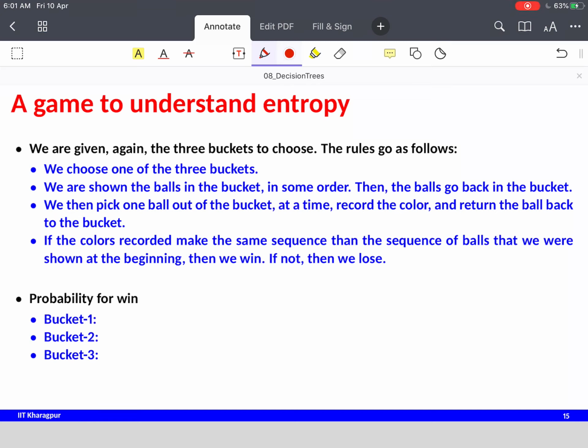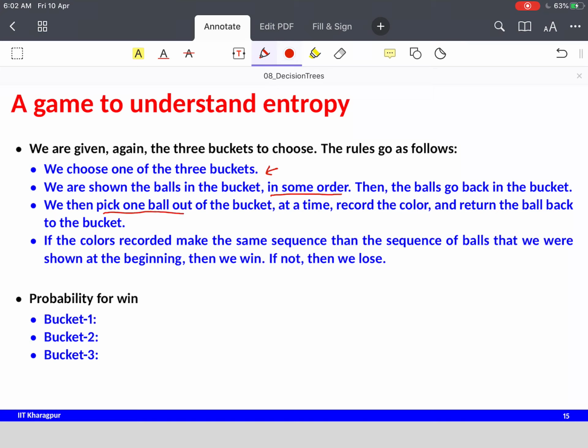Let's say we are given those three buckets, and the rules are as follows. We are playing a game with this set of rules. We choose one of the three buckets. We are shown the balls in the bucket in some order. Then the balls go back in the bucket.